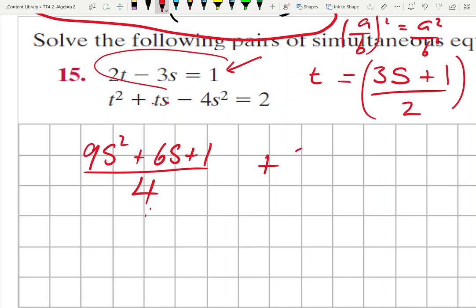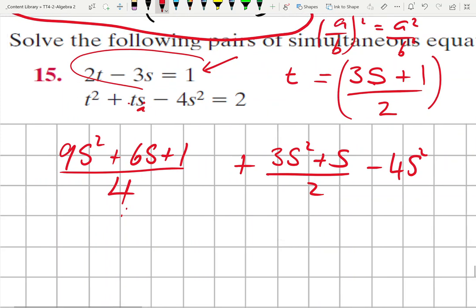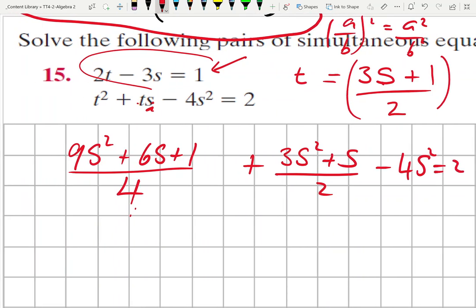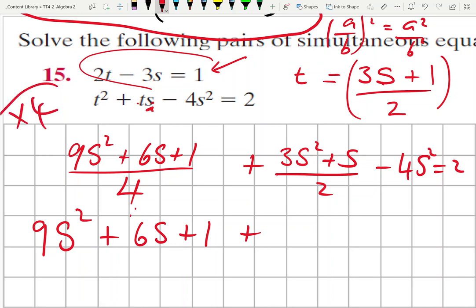Now we're in an equation, so we're going to multiply across by 4. So multiplying across by times 4, I'm doubling the top here, and I'm times 4ing there, and times 4ing here. Now we're ready to clean it up.